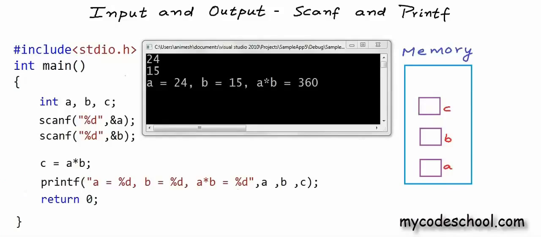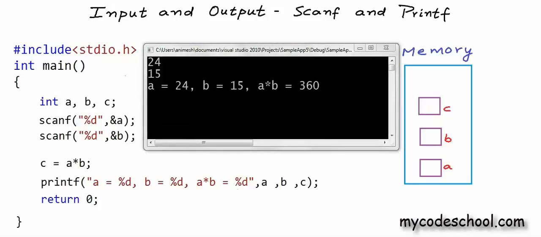So when the control has reached printf, the value in a is 24, the value in b is 15, and the value in c is 360. What has happened here is that when we entered the first number corresponding to the first scanf, this number was filled in a, and when we entered the second number corresponding to the second scanf, this number was filled in b.